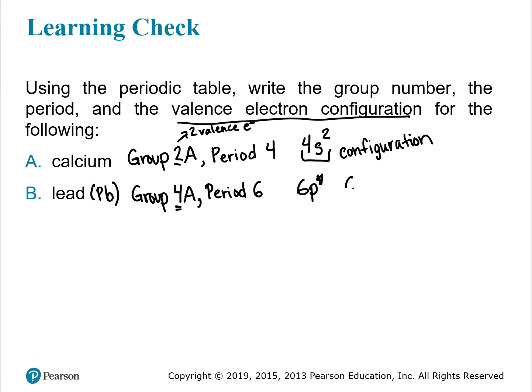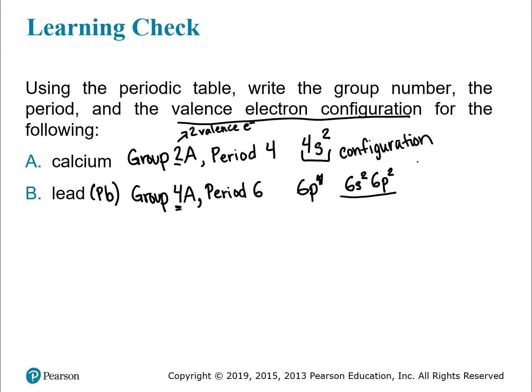So we have to break it up. We've got 6s2 and 6p2. So that one was a little bit trickier because it's like, oh, well, it's in the p block, but where do my other electrons come from?